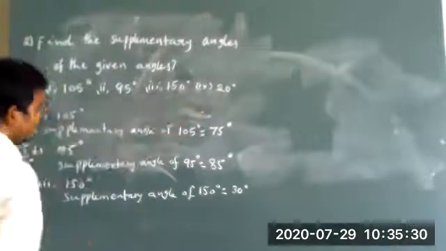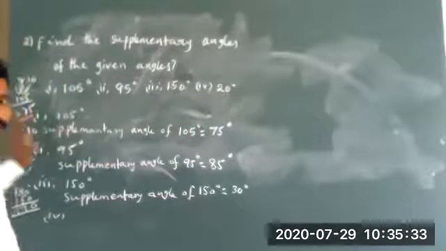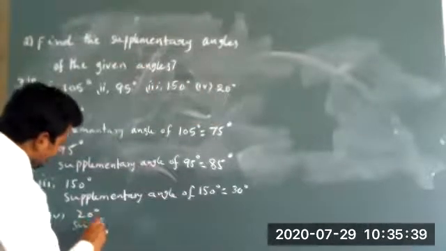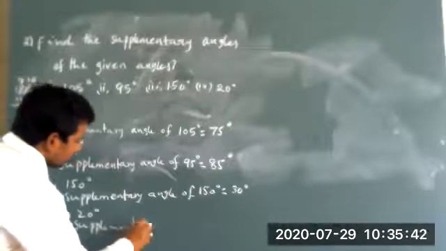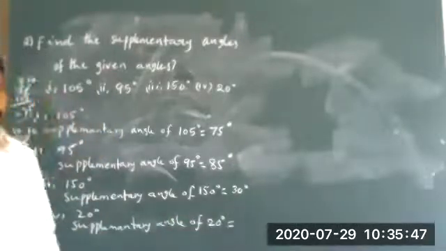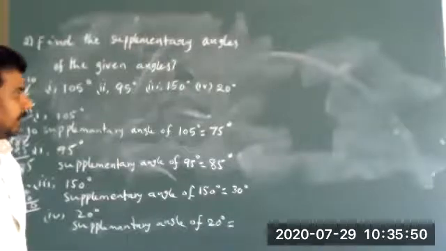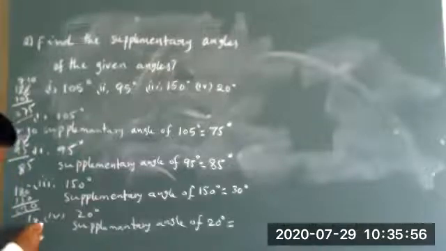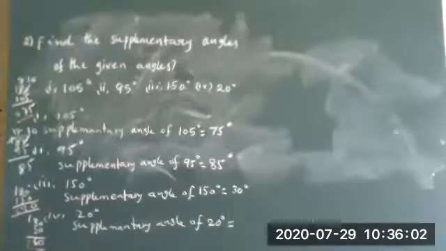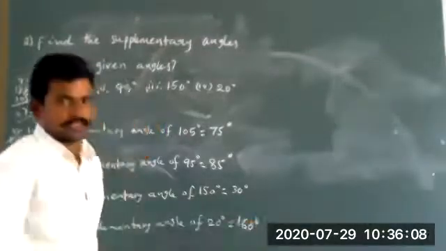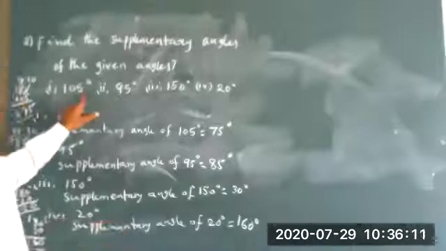Now take the fourth problem, 20 degrees. 180 minus 20: 0 minus 0, 8 minus 2 is 6, and here 1. Total 160. So the supplementary angle of 20 is 160. Clear?